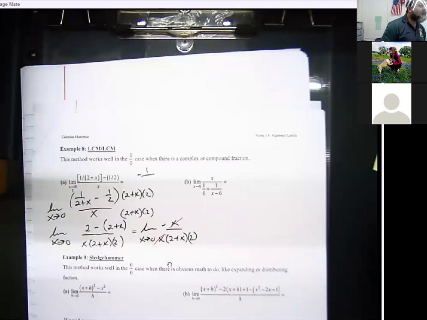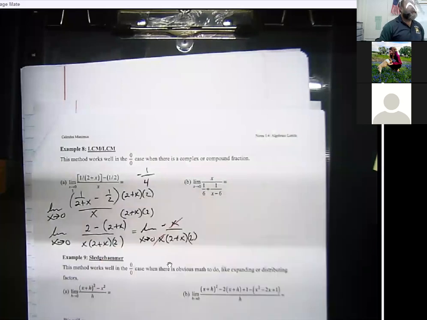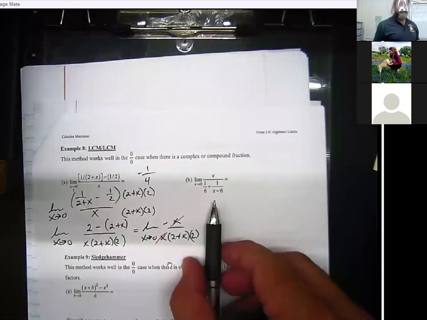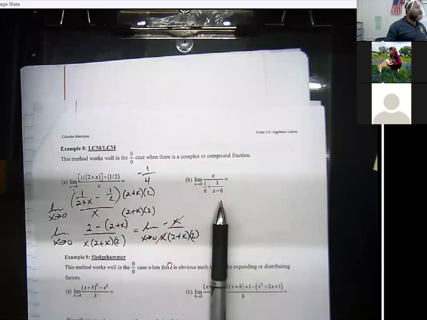Really close to 4. Which is cool. It actually does work. Okay, your turn. What are you going to multiply by? 6 and x minus 6. You're going to leave that numerator in factored form, but you're going to multiply that bottom out and see what happens.